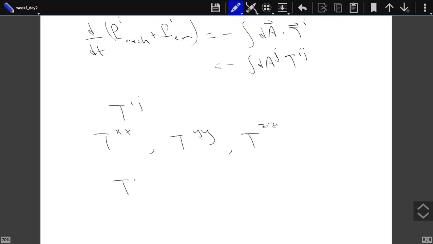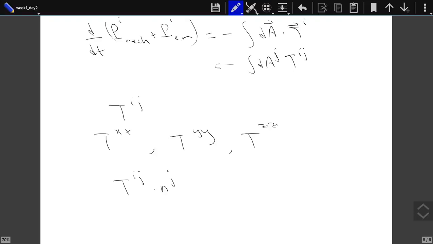Now let's look at this one. Let's assume we have a surface, not necessarily in the x, y, or z direction, but in the direction n. Well, this will be nothing but the flow of the I component of momentum through my surface.